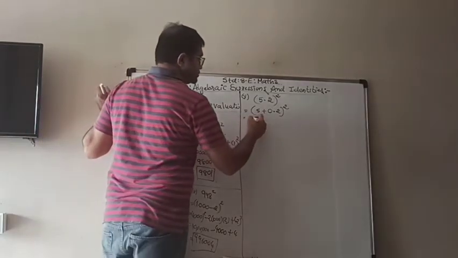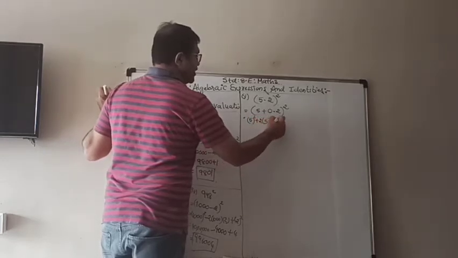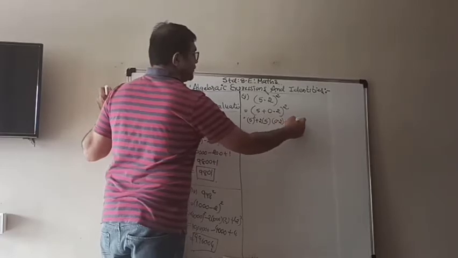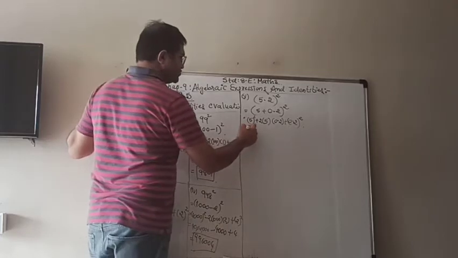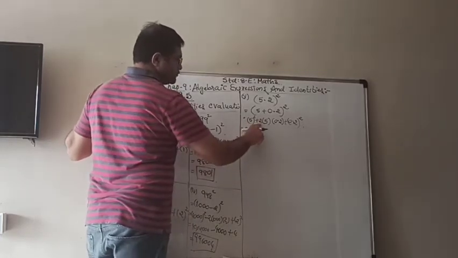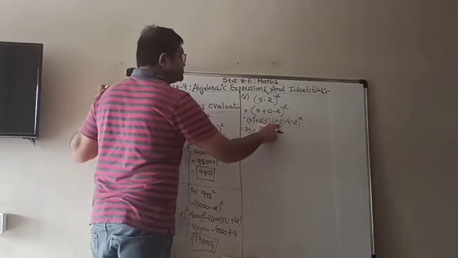So now 5 square, 2 into 5 into 0.2 plus 0.2 whole square. 5 square is 25 plus 10 multiplied by 0.2.